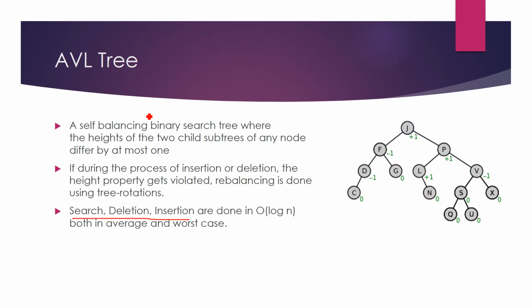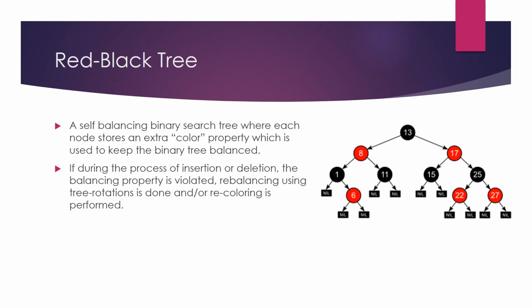So great, let's move ahead to another kind of balanced binary search tree. It's a red black tree. Interesting, isn't it? Now nodes have colors. This is a binary search tree where nodes have colors, either red or black, and this color property helps in balancing the tree.